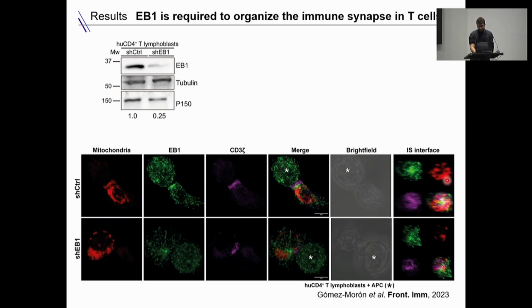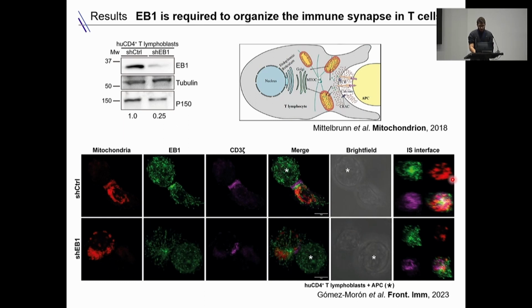Here we can see a 3D reconstruction of the SMACs, and we can see that mitochondria are in the peripheral SMAC, and the centrosome and CD3 zeta are in the central SMAC, but when we silence the expression of EB1 in CD4 T lymphoblasts, we can see an alteration in this structure of the immune synapse.